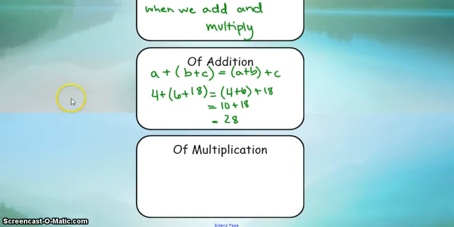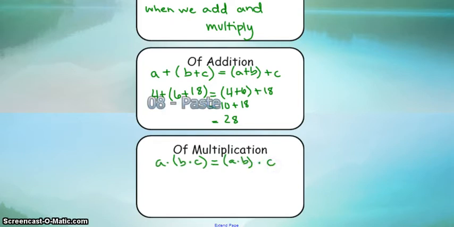Of multiplication, it looks similar. It has a times the quantity of b times c equals the quantity of a times b, times c. Alright, so that's in algebra. This would maybe look like 0 times 46 times 31.